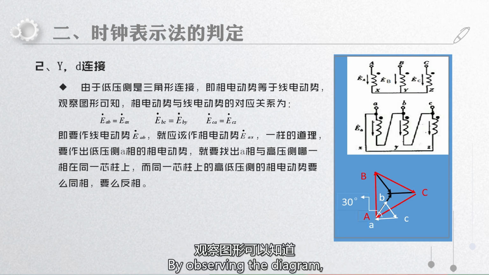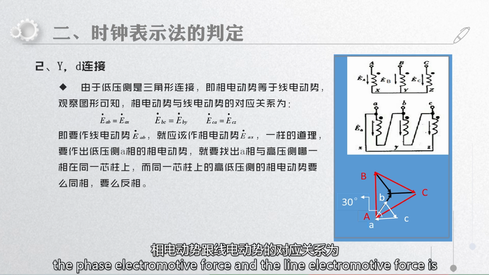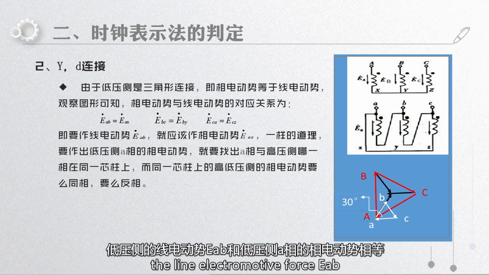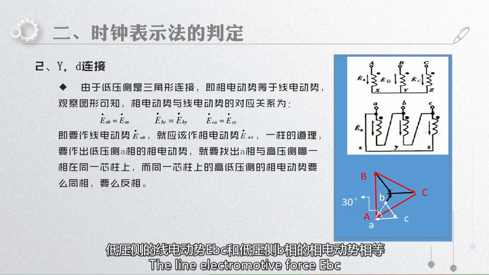By observing the diagram, we can see the corresponding relationship between the phase electromotive force and the line electromotive force. The line electromotive force EAB of the low voltage side is equal to the phase electromotive force of phase A on the low voltage side. The line electromotive force EBC of the low voltage side is equal to the phase electromotive force of phase B on the low voltage side.